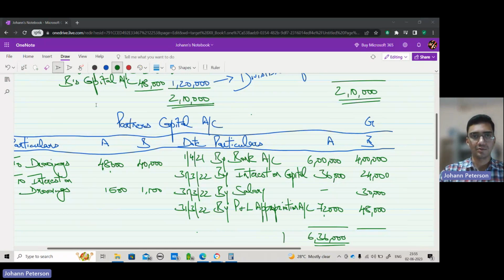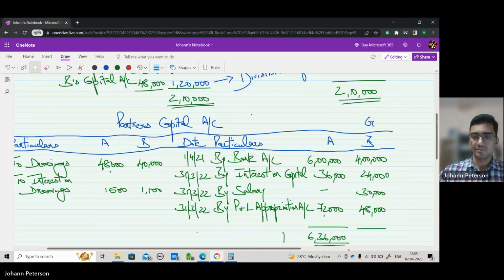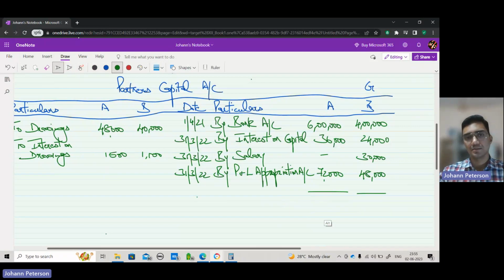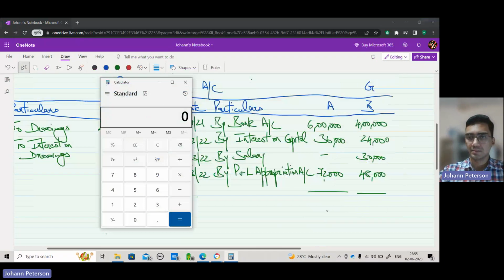So now we have to write our correct total. Let's write this out. All right, so 6 lakh plus 36 plus 72, 7,08,000.